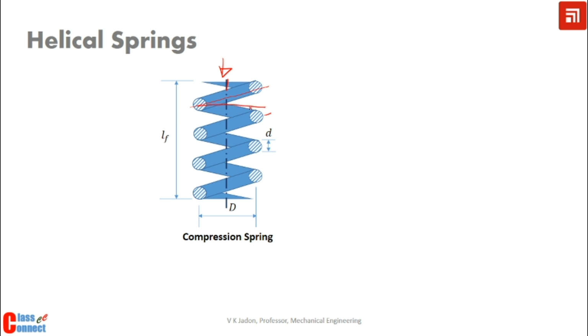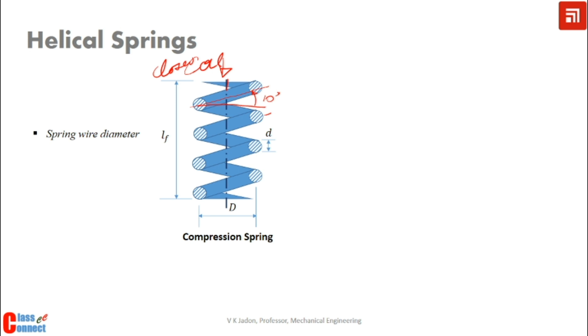When the helix angle is less than 10 degrees, we call it a closed coil helical spring, and when it is more than 10 degrees, we call it an open coil helical spring. In this course, we will restrict our discussion to closed coil helical springs, so we are assuming that the helix angle is less than 10 degrees.